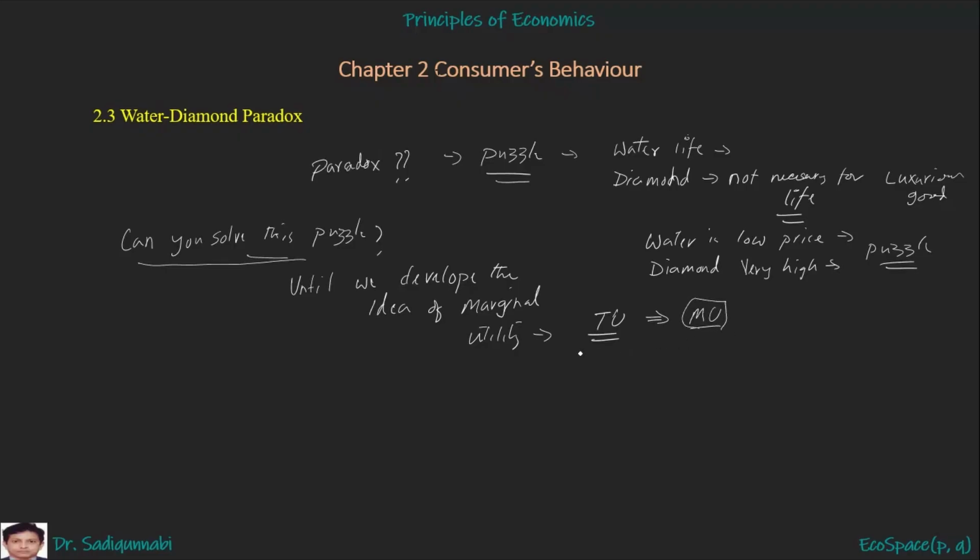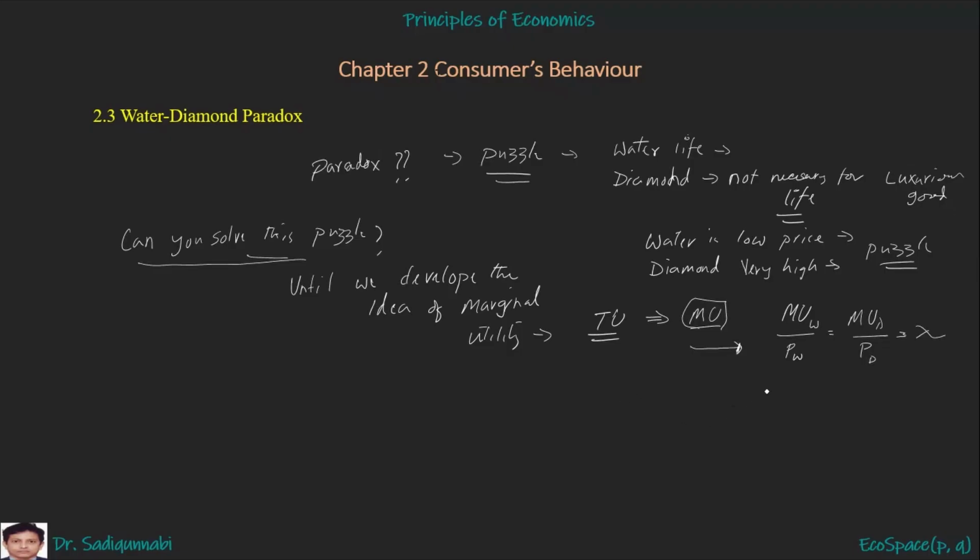And with this marginal utility concept, we have seen that there is a law: MU water divided by price of water equals MU diamond divided by price of diamond equals a constant, right? So we can solve it by this equation.